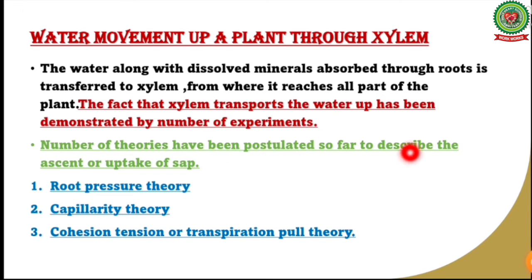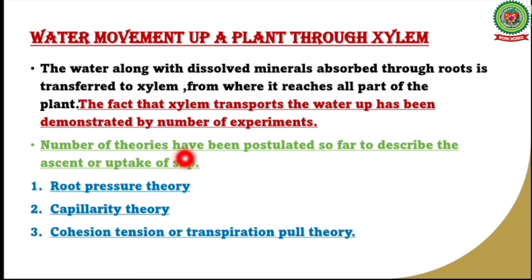Coming on to the next topic, water movement up a plant through xylem. The water along with dissolved minerals absorbed through the roots is transferred to xylem and from there it reaches all parts of the plant. The fact that xylem transports the water up has been demonstrated by a number of experiments.